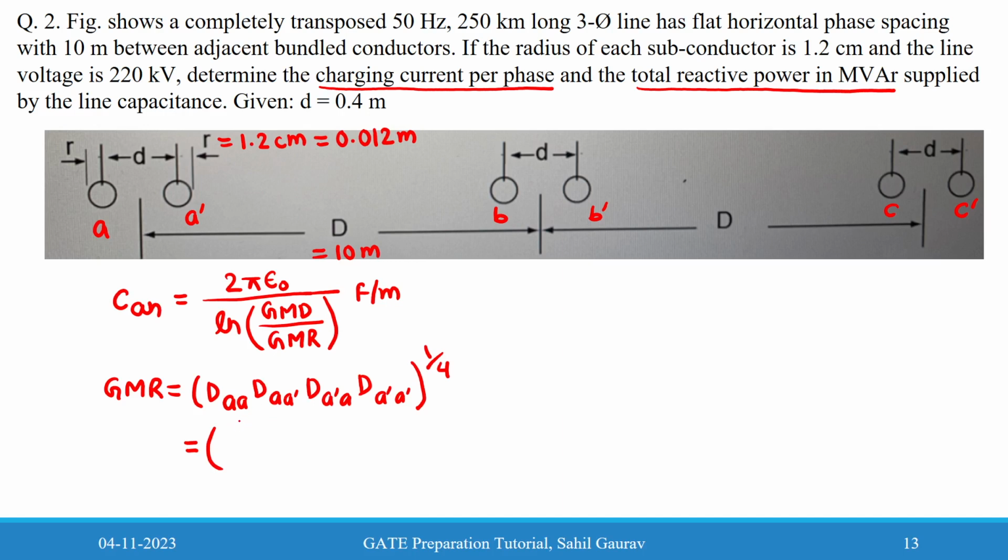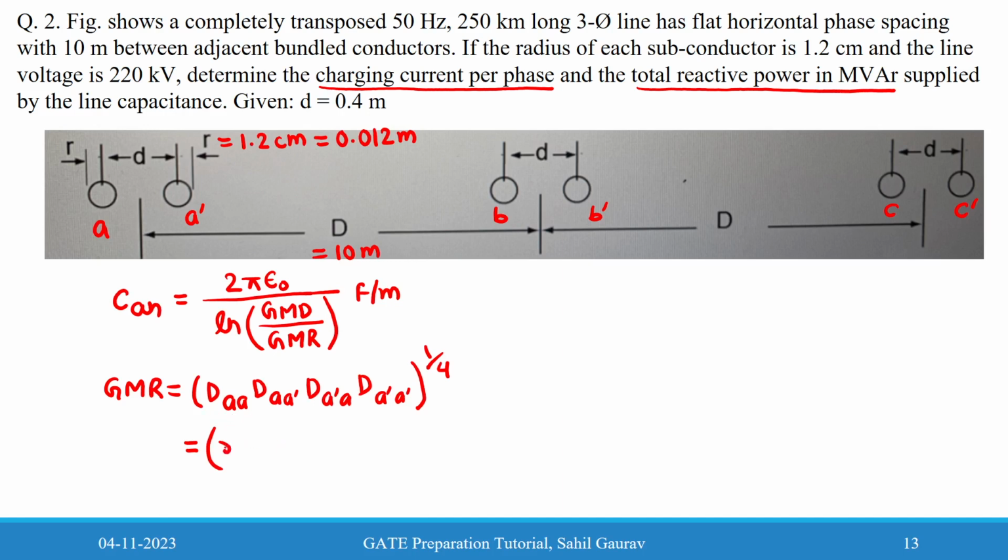No, as I have told you, you do not consider this r dash value, e to the power minus 1 by 4. That we consider in the line inductance calculation. Here you simply take R only.